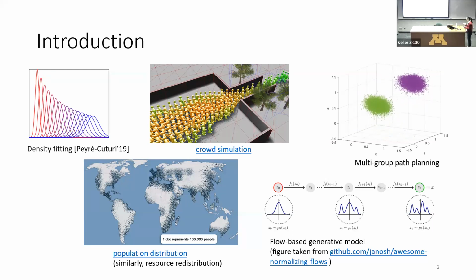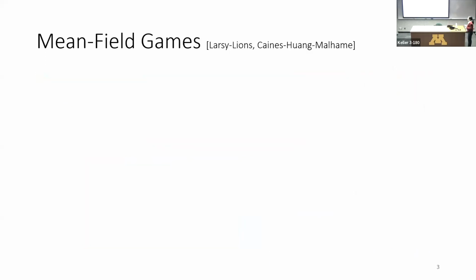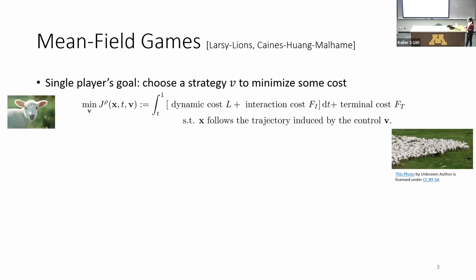This generative model can also be viewed as a problem of how to move one density distribution to another density distribution. So mean field game is one way to model the density evolution. Essentially, mean field game cares about the density distribution and decision making of infinitely many players in a non-cooperative game.